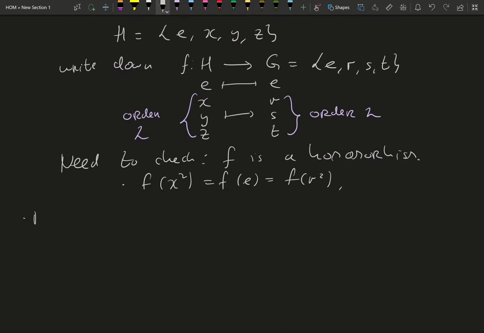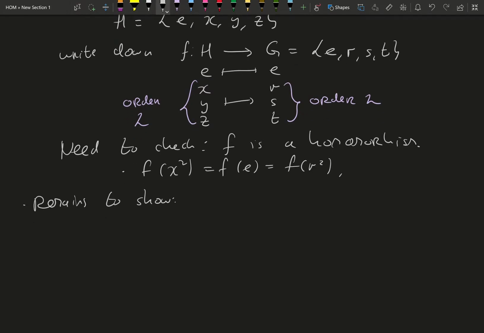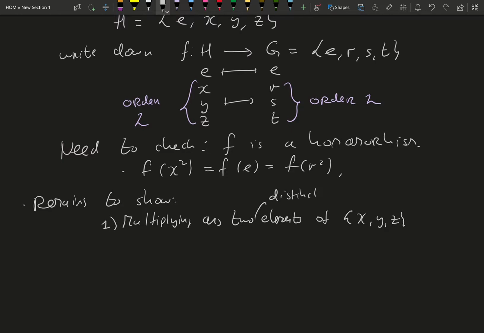So it remains to show the following two facts. One, multiplying any two elements of X, Y, Z, so any two distinct elements, gives the third.